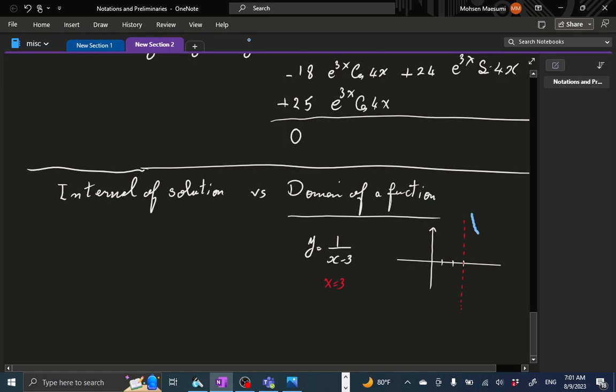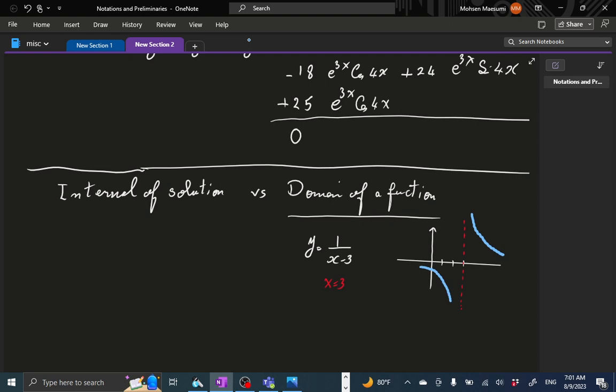One piece is here and another piece is here. What about it? x equal to 3 gets excluded from the domain. So the domain is x different from 3.